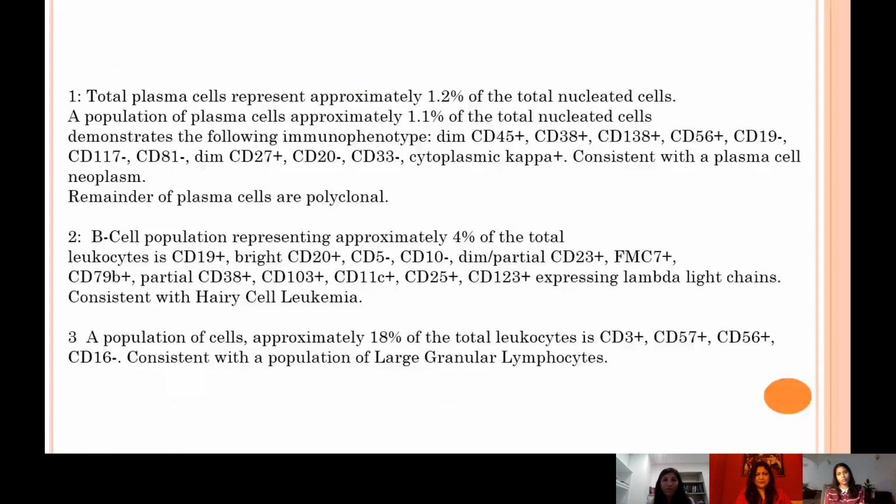Second population was approximately 4%, which showed CD103, CD11c, CD25, and CD123 expressing lambda light chains. And this phenotype is quite consistent with hairy cell leukemia. And the rest of the lymphocytes had large granular lymphocytic phenotype.